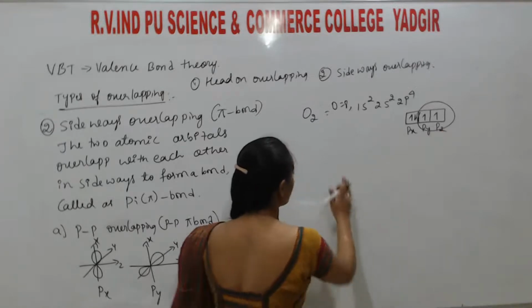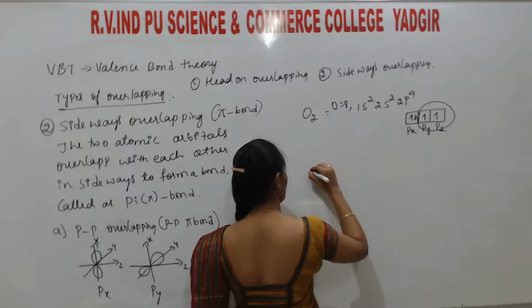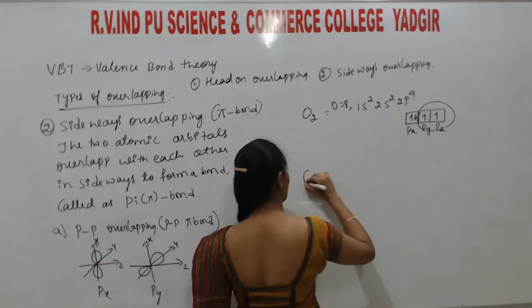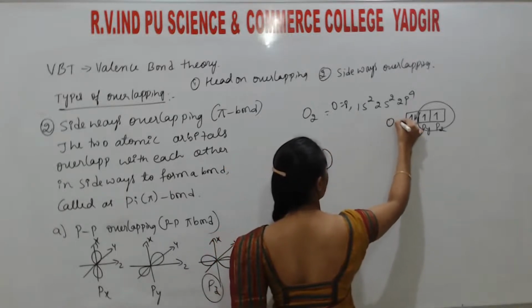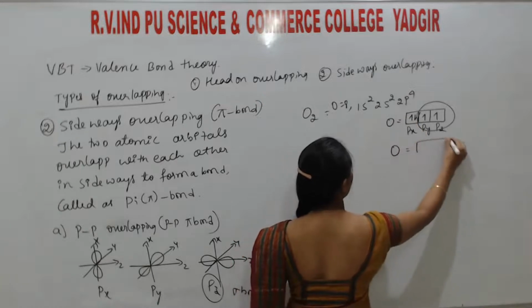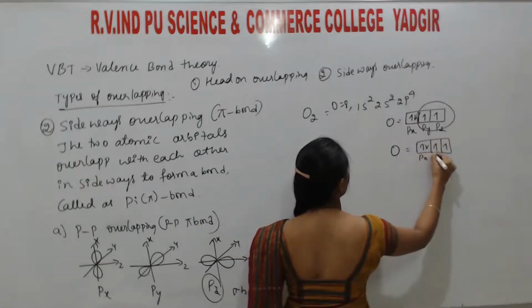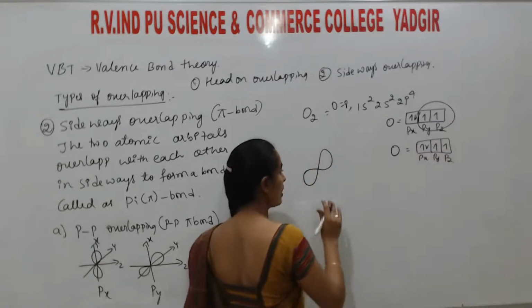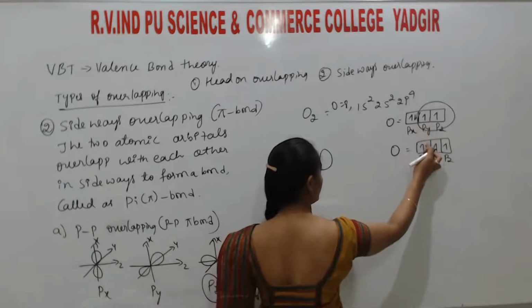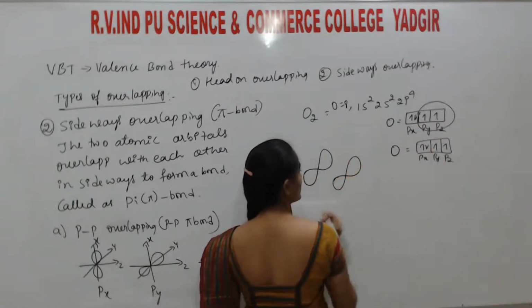So listen here, one is the py orbital. Means I'll write here. From one oxygen atom, and the other oxygen atom is also the same: px, py, pz. Now one py of this oxygen and one py of this oxygen overlap like this.